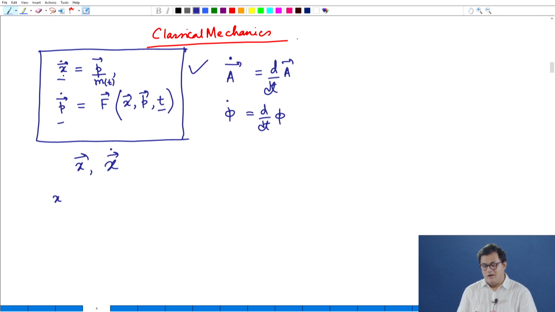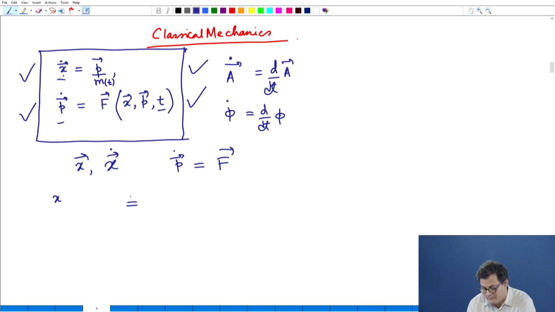So till now we have just written two equations of evolution for two variables x and p, and we say this is a dynamical system. Now, if I correctly remember Newton's second law, this is p dot equal to f. According to our definition, p should be m v, where v is nothing but x dot.